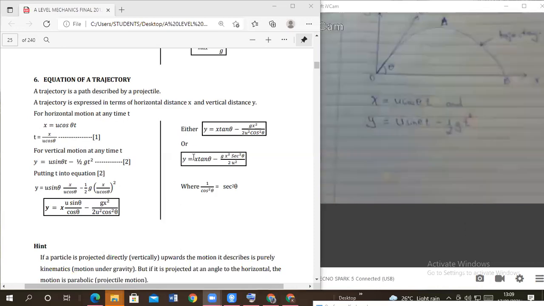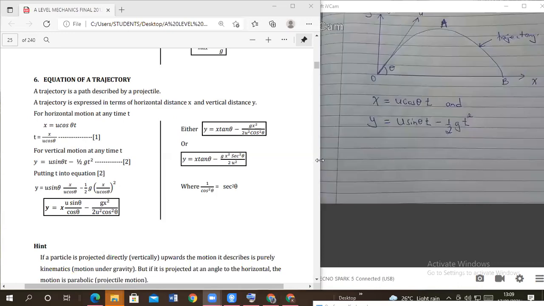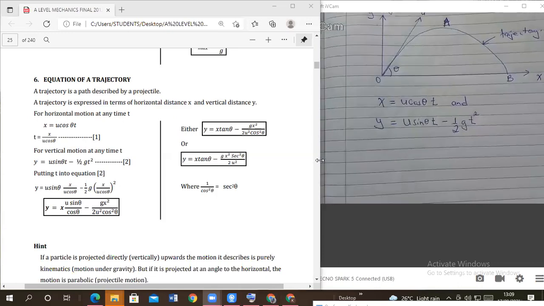Do you remember that? The equation of trajectory will be derived from these two concepts.